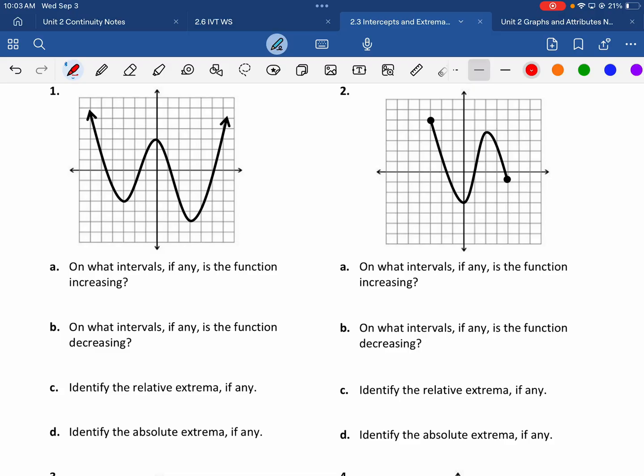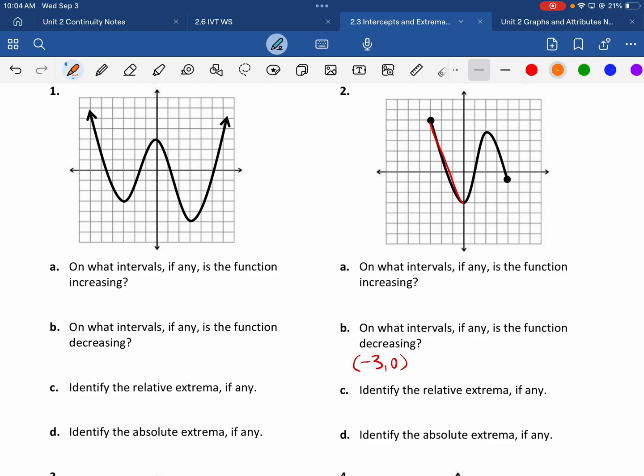All right, so we're going to start on my graph and we're going to start on the left. Are you increasing or decreasing? Decreasing from what to what? Negative 3 to 0. So from here to here, we're decreasing. And remember, when you're doing your intervals, those are all x values.